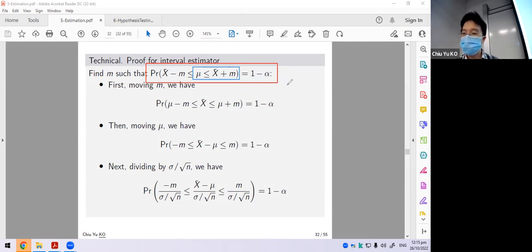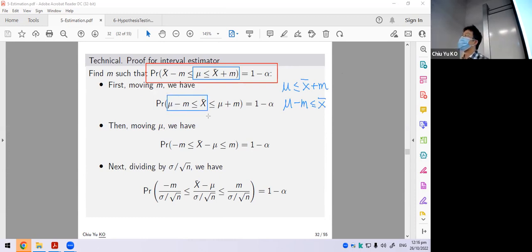In the blue part we have mu is less than x bar plus m. Remember how we do inequalities: you can subtract the same number from both sides. So you can subtract m from both sides, and that means you have this, which is exactly here.